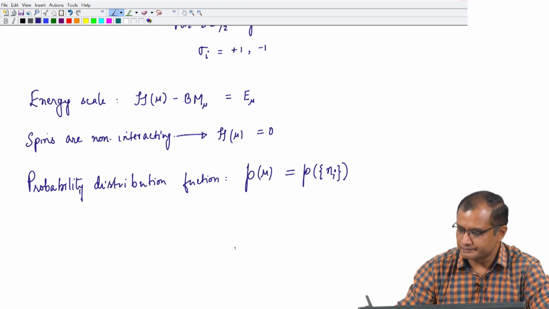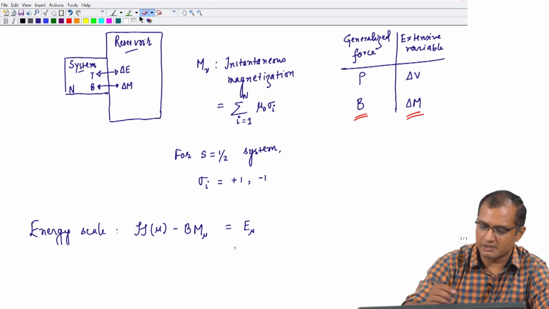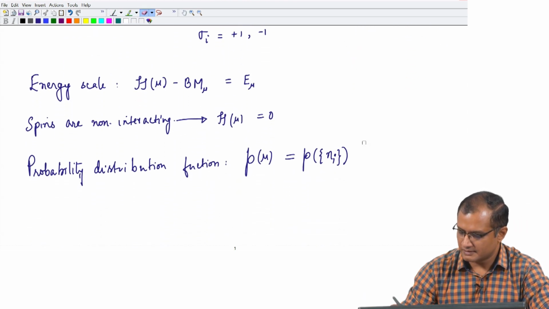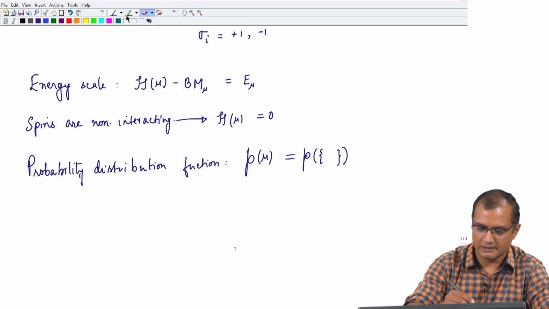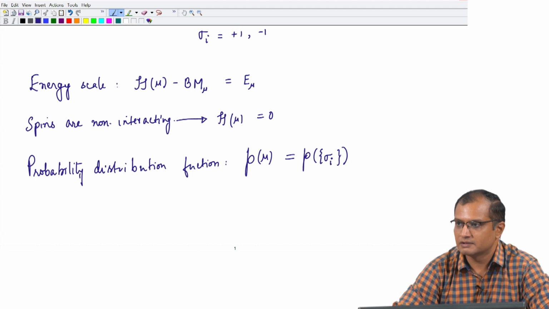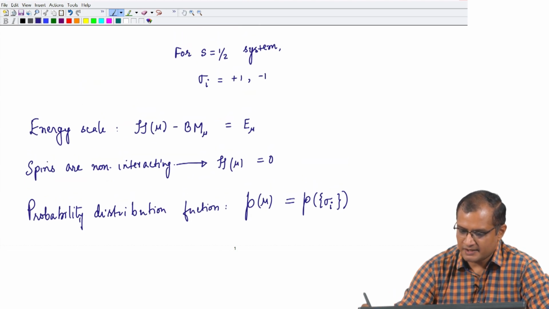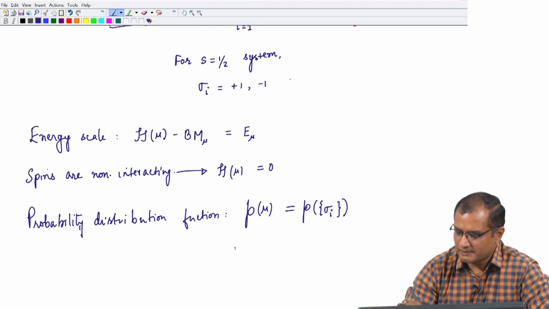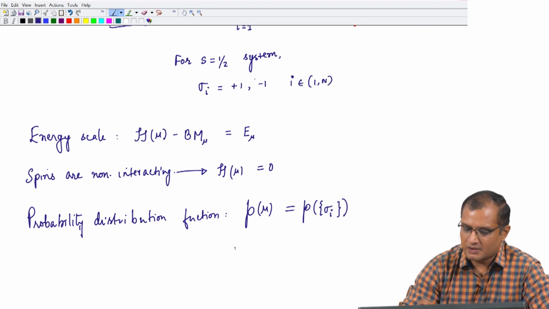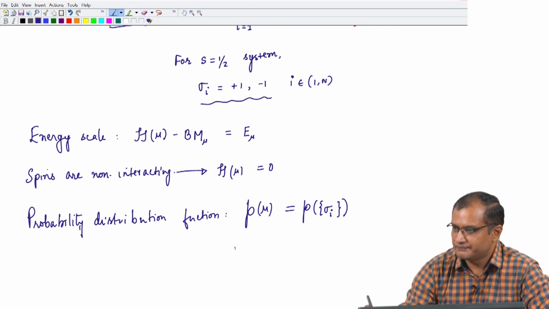I am going to write it as a collection of all these sigma i's, because I have used the label sigma i. So, the particular values of sigma i that you take constitute a microstate. Here i is basically one of the n particles in the system. So, this is the meaning of the excitation, fine.